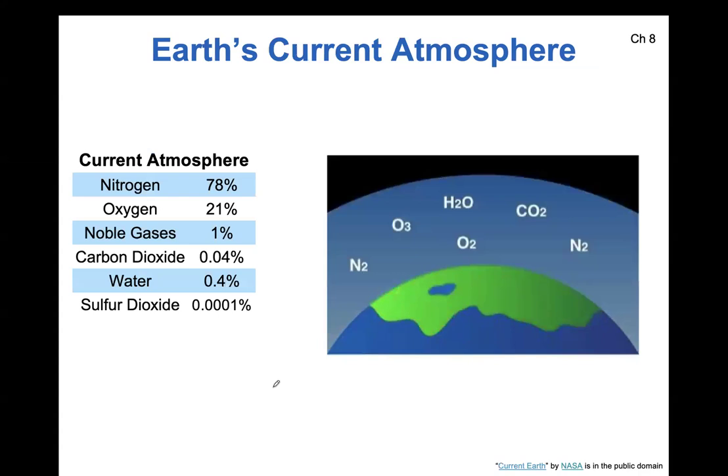All right. But that atmosphere changed over time. One big change was life itself. The evolution of life is the reason that we have this 21% oxygen. As far as we know, there is no chemical process other than life that can create oxygen atmospheres. Period.